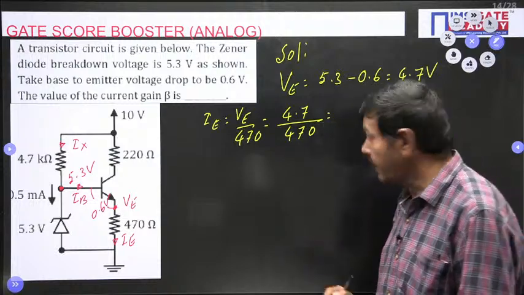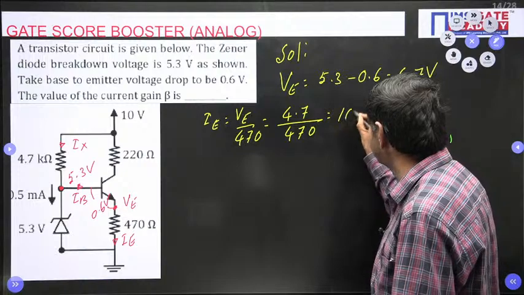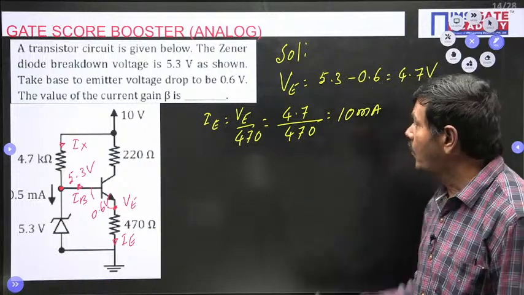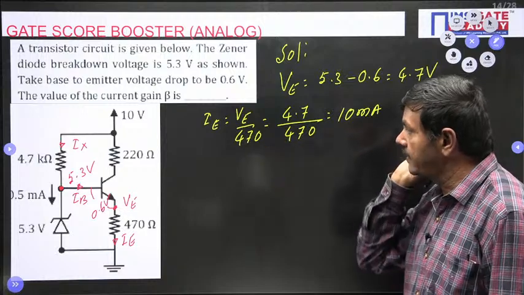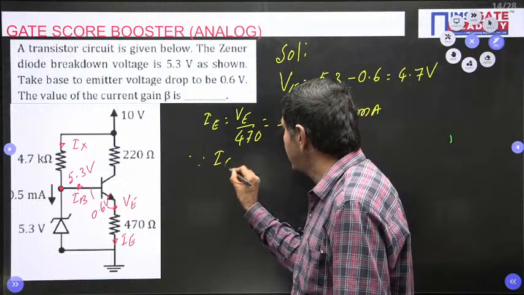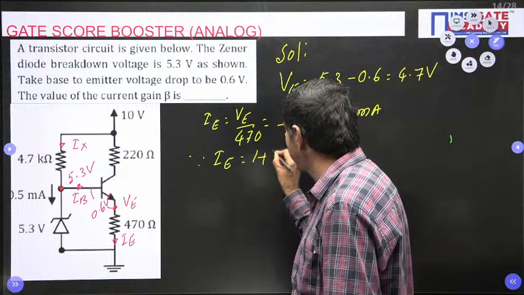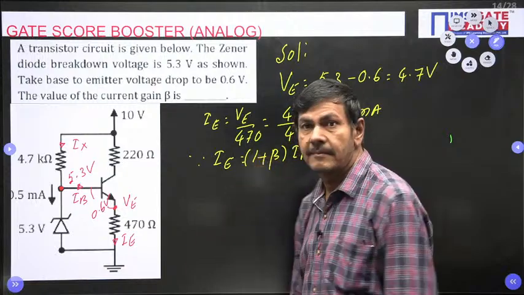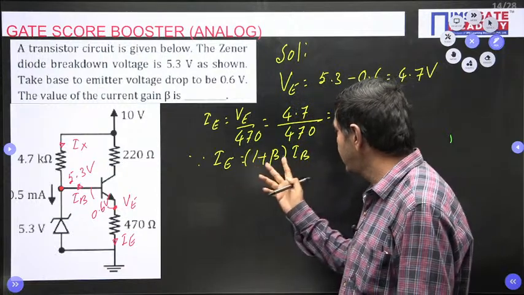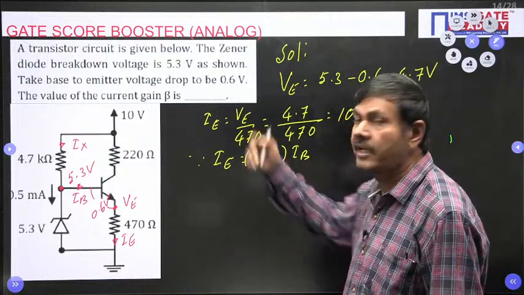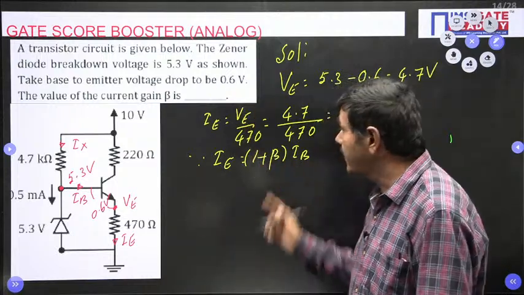It comes as 10 milliamperes. Now, after getting this IE, because IE equals 1 plus beta times IB, if I know the base current, I can find the beta value. Without knowing the base current, I cannot get beta. So how to get the base current here?